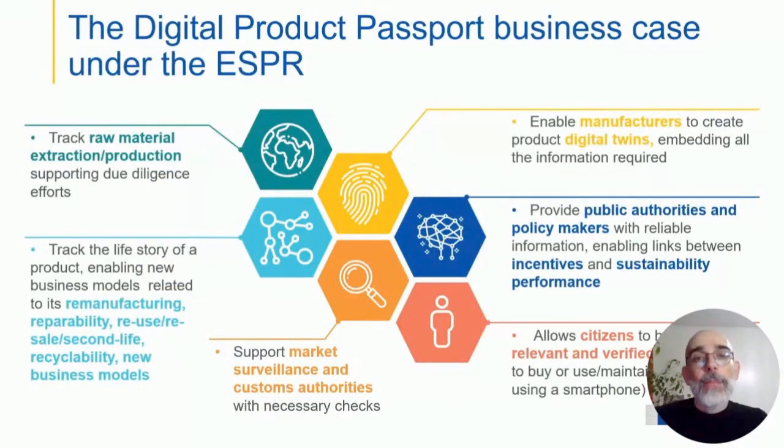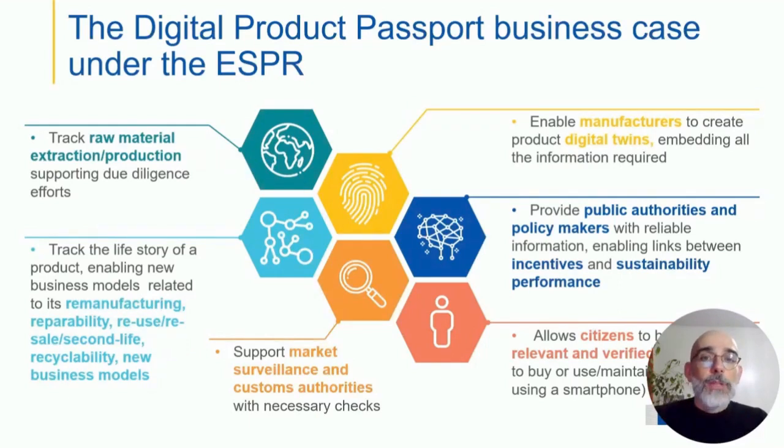One of the key elements of the ESPR, the Eco-Design for Sustainable Products Regulation, is the integration of a regulatory digital product passport. I say regulatory because there are already digital product passports in the market, but in my presentation, I will refer to the specific digital product passport or DPP under the regulation.